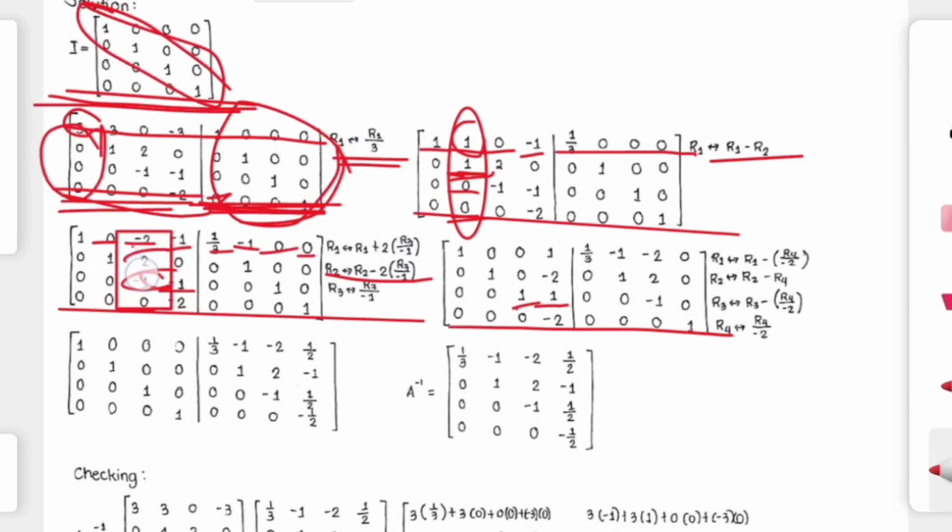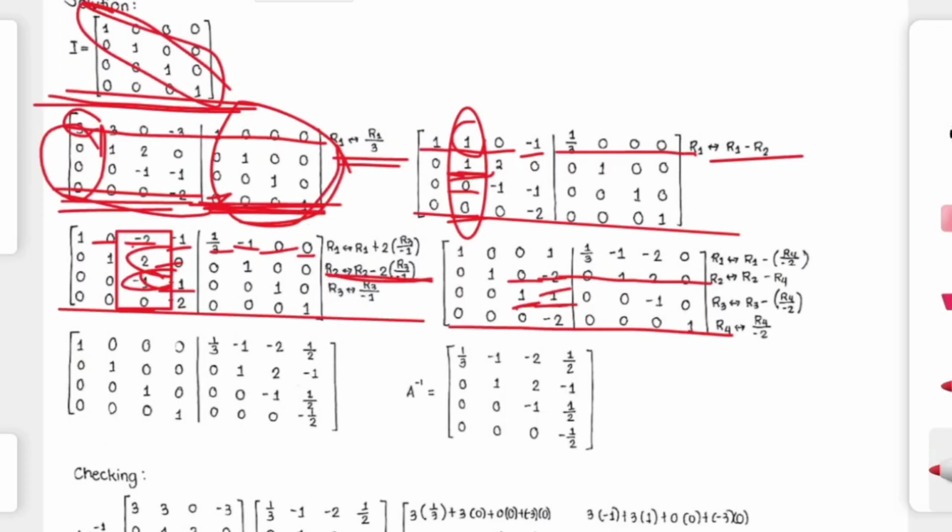So 2 minus 2 multiplied by 1 is equal to the 0 here above. And also we have 0 minus 2 multiplied by 1, so we have negative 2.